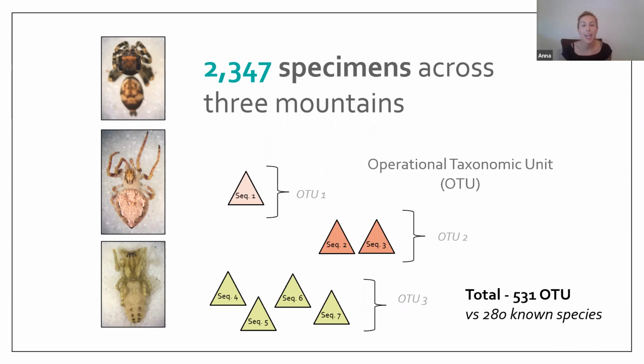Compared to what we know about Sulawesi, 280 species, you can see that just with these pretty short collection trips, we're greatly expanding what we know about Sulawesi spider biodiversity. That's about every 5 specimens we collected, a new OTU was discovered, if you do the math. So it's really exciting, just amazing amounts of diversity there.